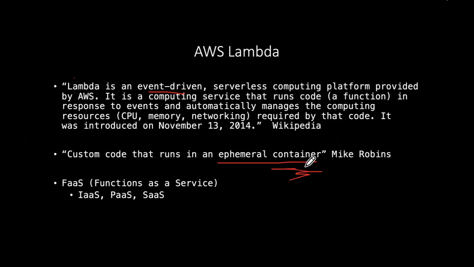The next time our Lambda function needs to execute, the same process happens. An instance of a container is created, our Lambda function is loaded into it, it's executed, and then it's thrown away again. So these containers are created and destroyed multiple times, essentially every time our function needs to run. They don't persist over long periods of time. They can persist over a short period.